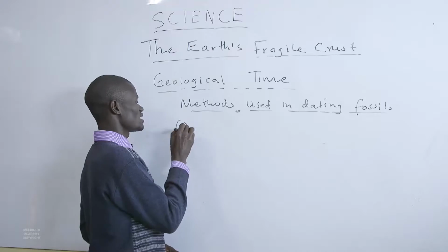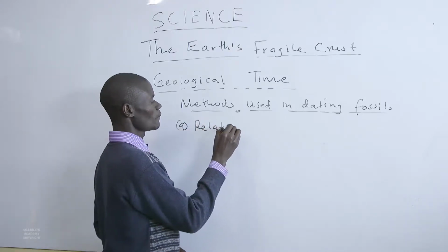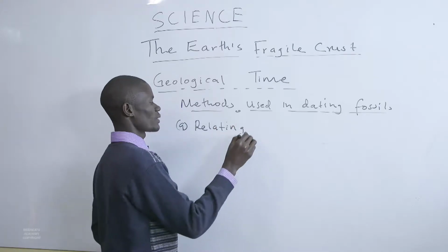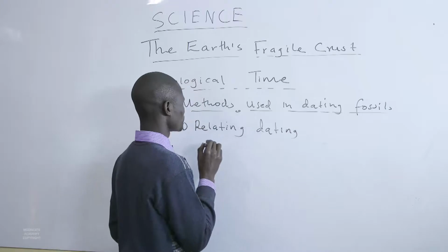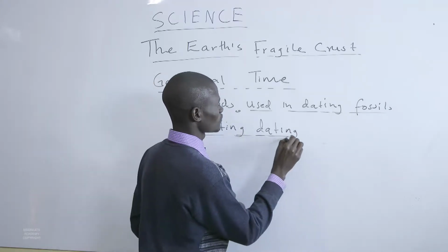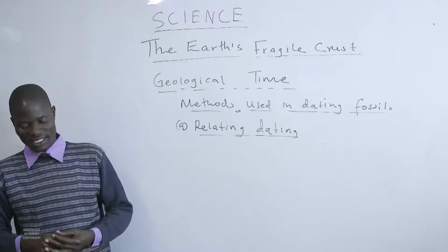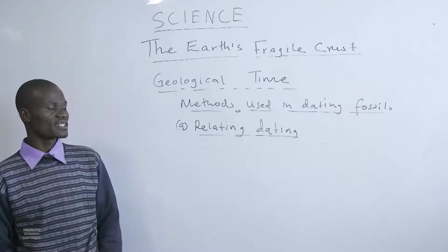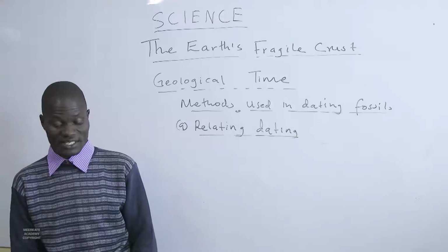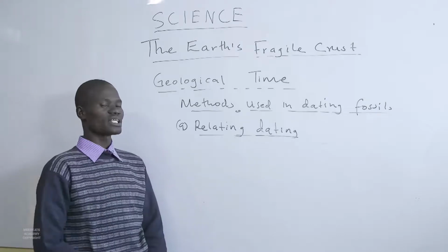One is relative dating. This is a method that is used scientifically to estimate or date fossils. If we identify a fossil right now, we will first subject it to relative dating.